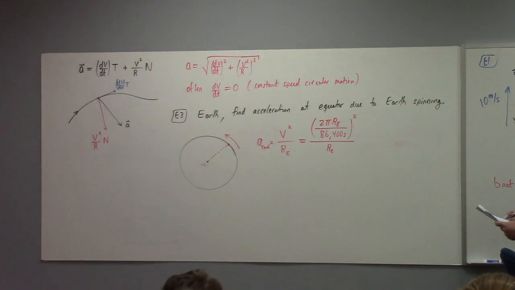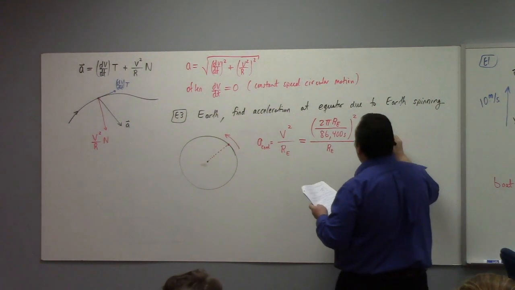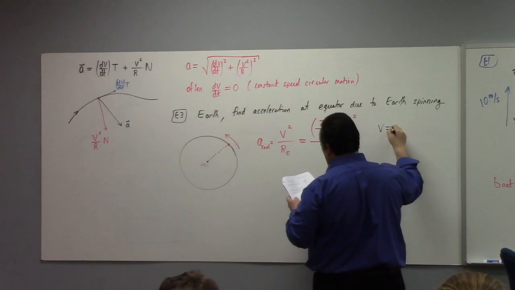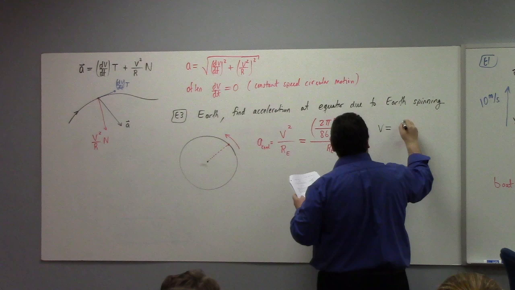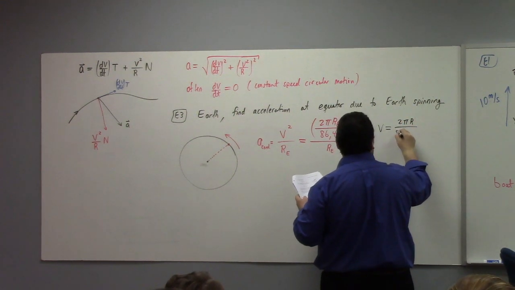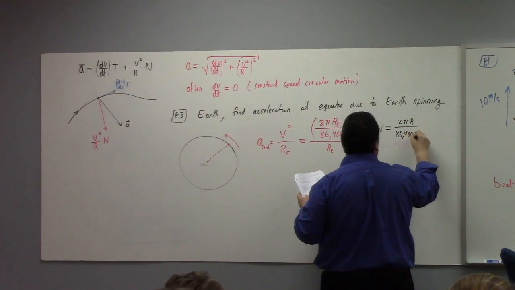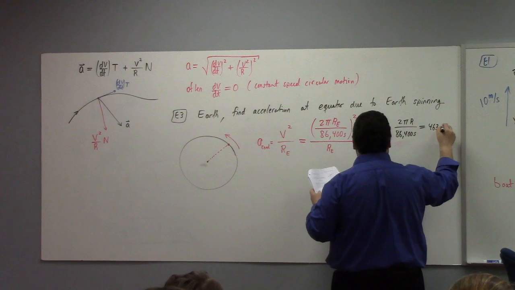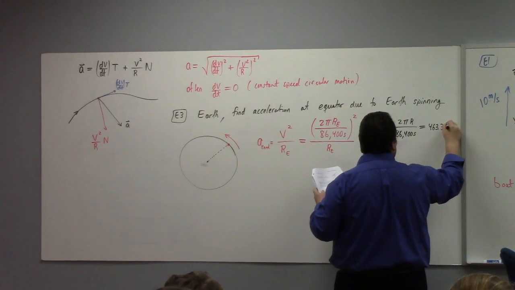Absolutely, sure. Certainly. So if we look at this v alone, I crunched the numbers in my notes, 2 pi r over 86,400, it works out to 463.3 meters per second.